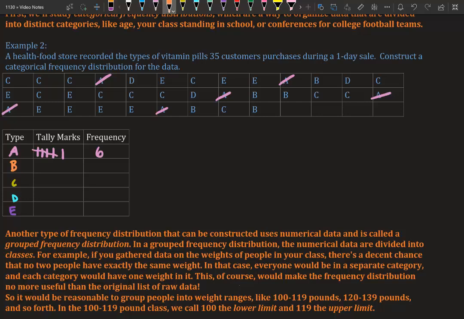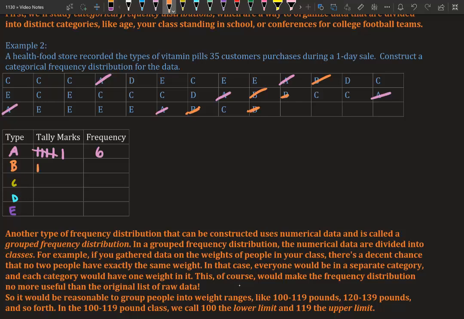All right, for B, let's count how many times we have B. So 1, 2, 3, 4, 5.